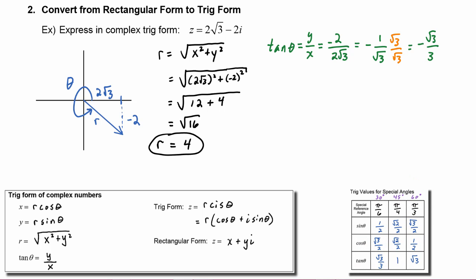Now from our special angle chart, we know that the reference angle is going to be pi over 6, or if we're in degrees, then the reference angle would be 30 degrees. Now we have to be in quadrant 4.